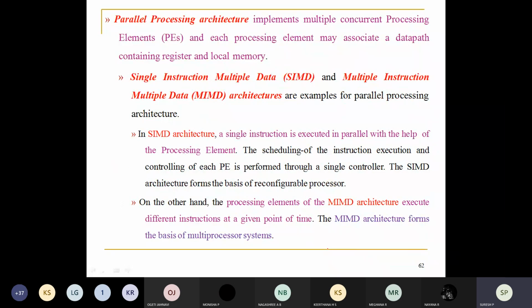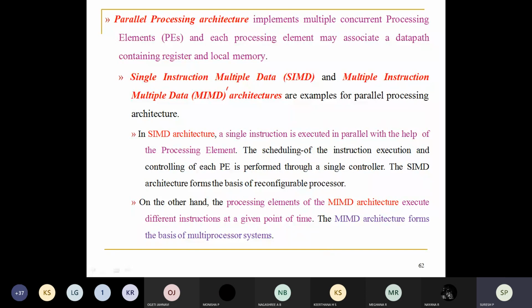When you are doing multitasking, each processing element will have its individual data path, and that individual data path will have its own register as well as memory.